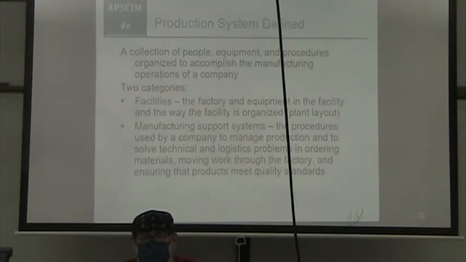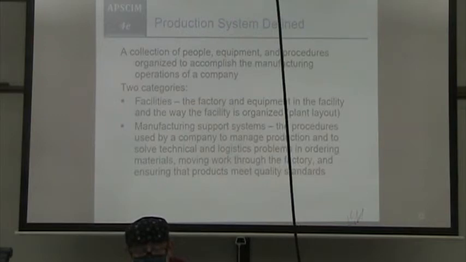All right, so a production system is a collection of people, equipment, and procedures organized to accomplish the manufacturing operations of a company. Okay? We have two categories within that. One is facilities, the factory and equipment in the facility and the way the facility is organized.